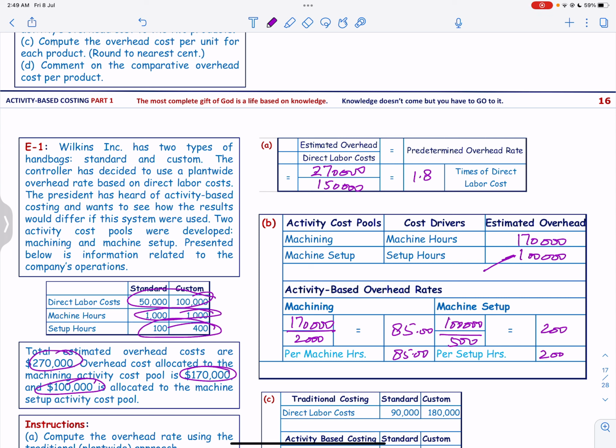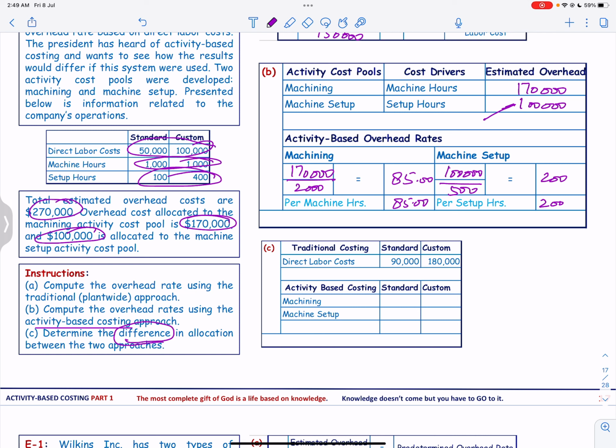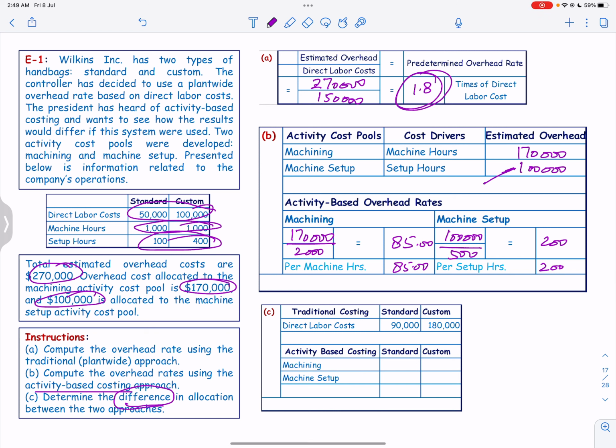Next, we go to number C. They ask for determining the difference in allocation between the two approaches. Now for the standard, we have calculated the rate as 1.8, and the direct labor for standard was 50,000. So 1.8 times 50,000 will give us 90,000, and 1.8 times 100,000 will give us 180,000. Next, we calculate the activity based costing for standard bag and the custom.